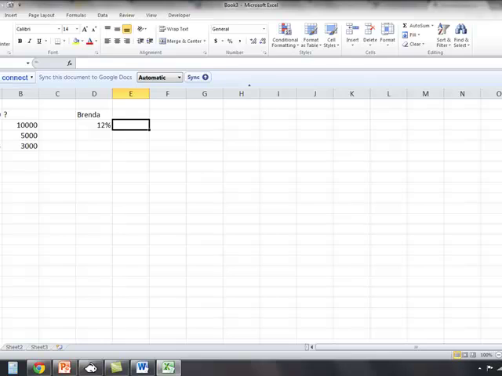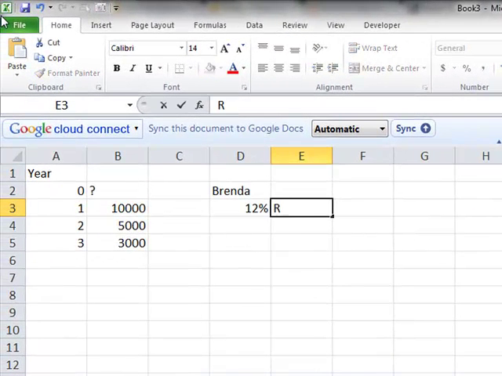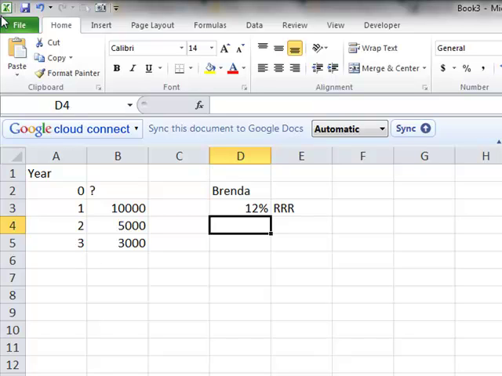So basically, I'm saying that Brenda has a required rate of return of 12%. So she's willing to lend Kendall money, but she wants to earn a 12% required rate of return. This is all he is willing to pay her in the future.